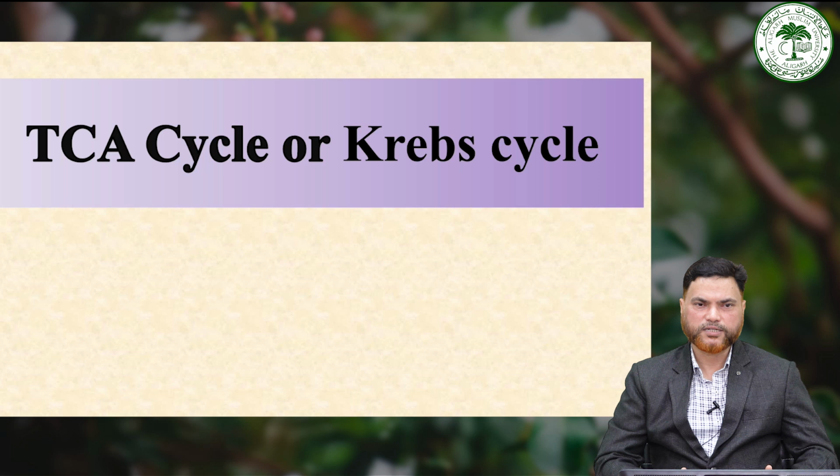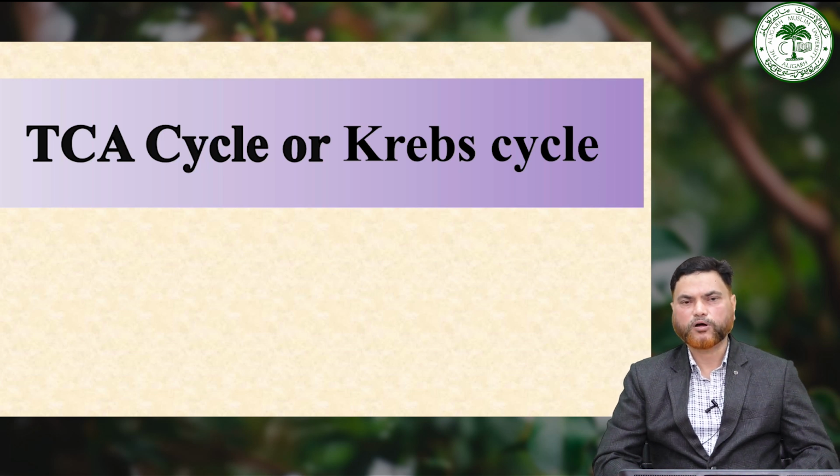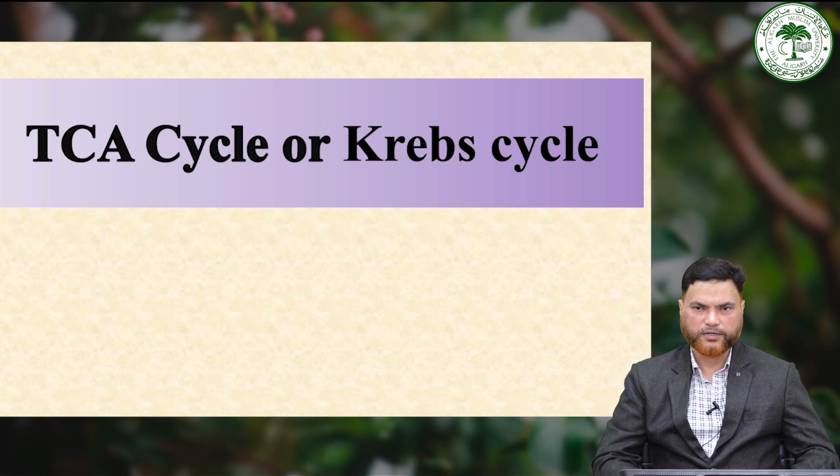We have gone into details of glycolysis pathway, its regulation, and then how pyruvate is converted into acetyl coenzyme A. So, before going into details of tricarboxylic acid cycle or Krebs cycle, it is very crucial to discuss these aspects in understanding how the tricarboxylic acid cycle functions, and then we will explore the details of TCA cycle and comprehend each step in detail.